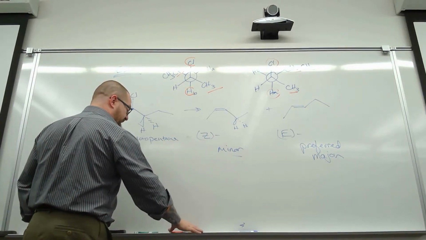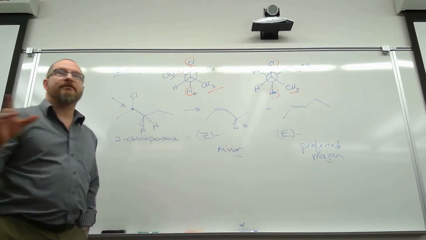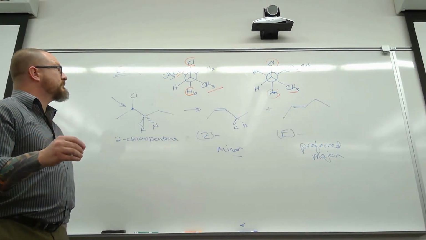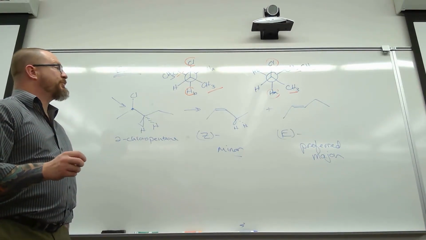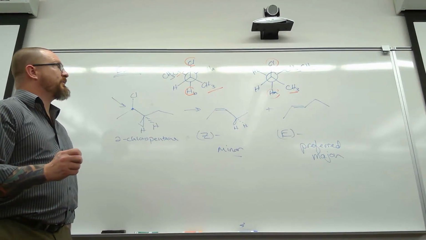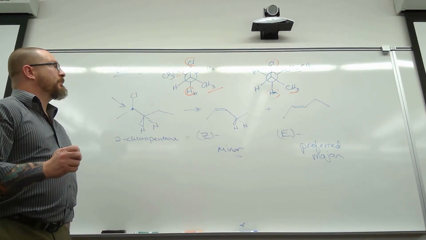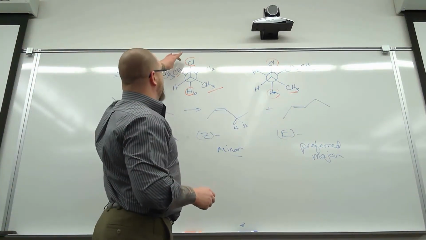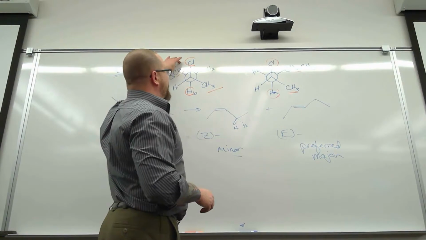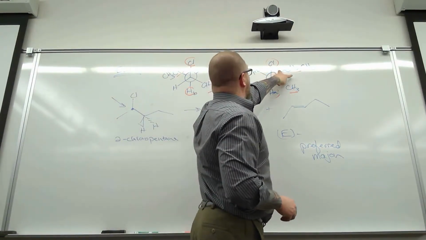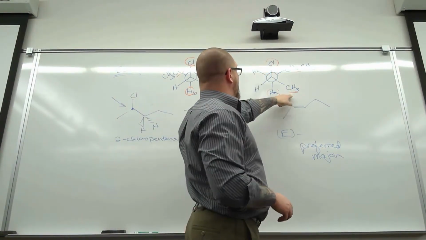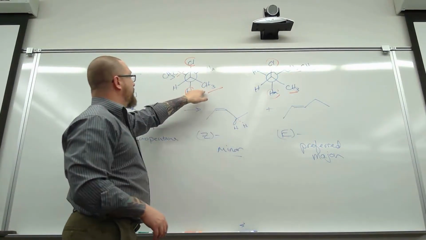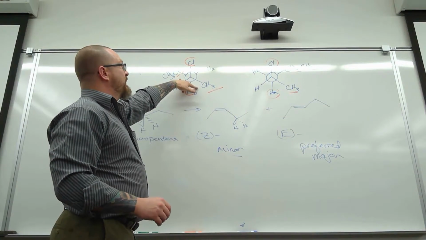Yes, the stereochemistry of the chlorine would also, in terms of which one's favored, well, it's not just the chlorine. Here we've got a chlorine that's fairly close to an ethyl group. Here we've got the chlorine equally close to the ethyl group. Here the methyl group is slightly close to the ethyl group. Here the methyl group is opposite the ethyl group.